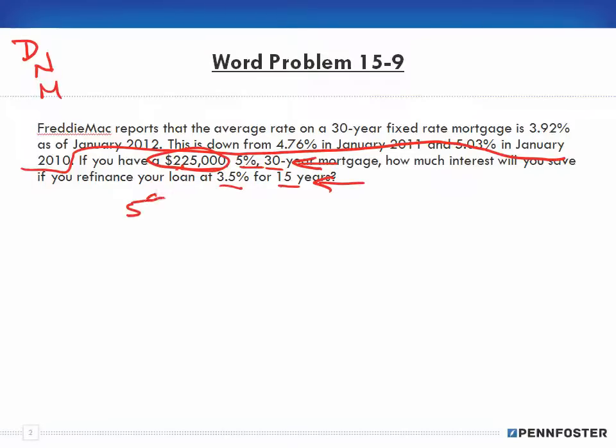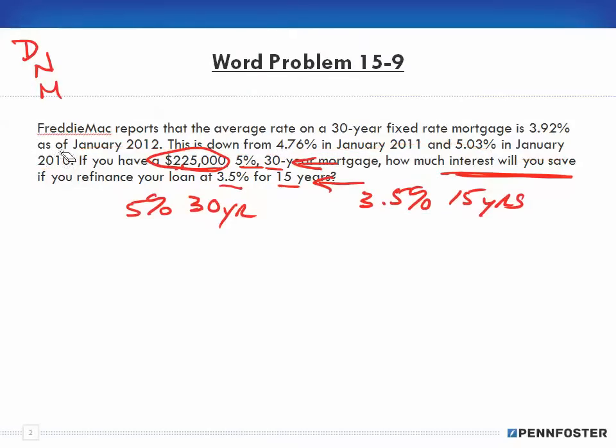One is at 5% for 30 years, and another one is at 3.5% for 15 years. And we want to see how much interest we will save if we refinance. So that's what I mean by manipulate.